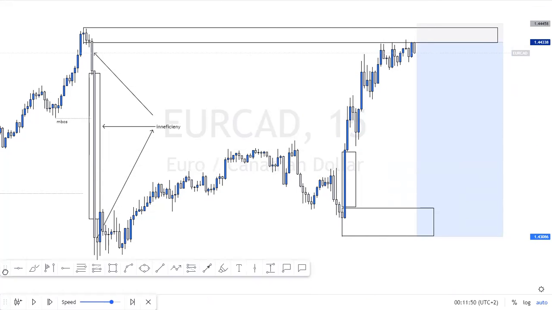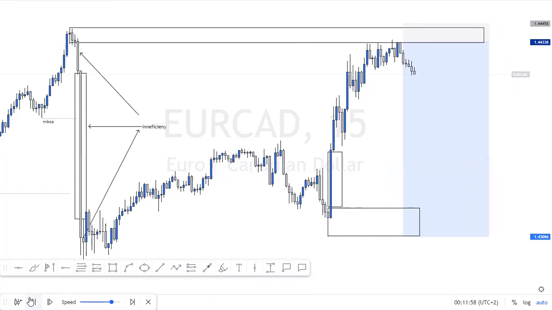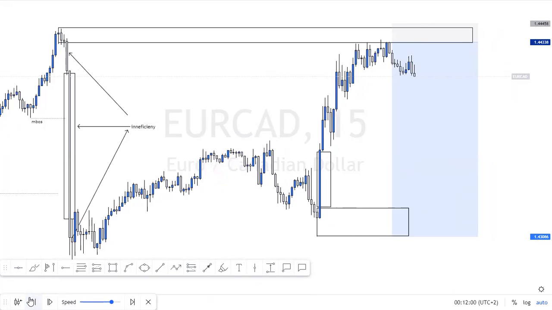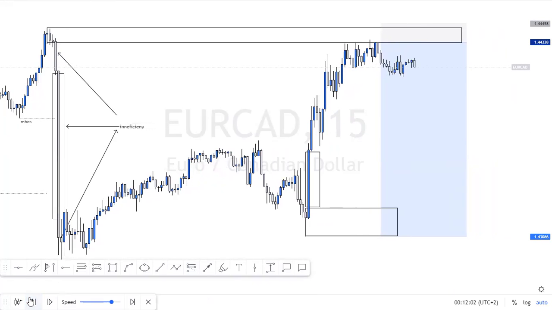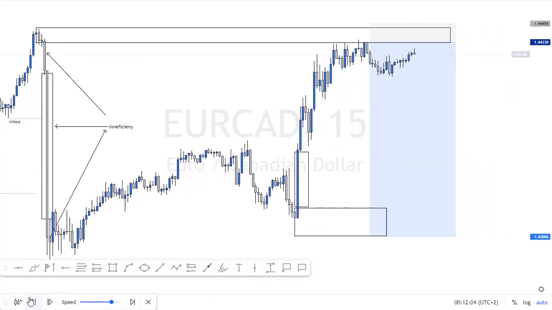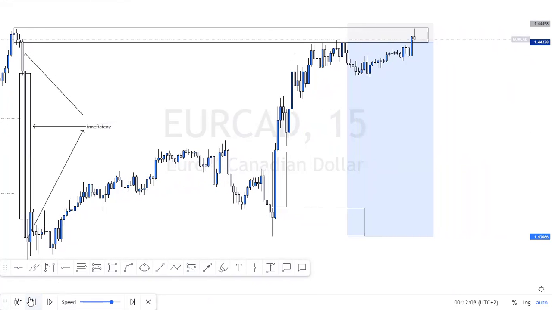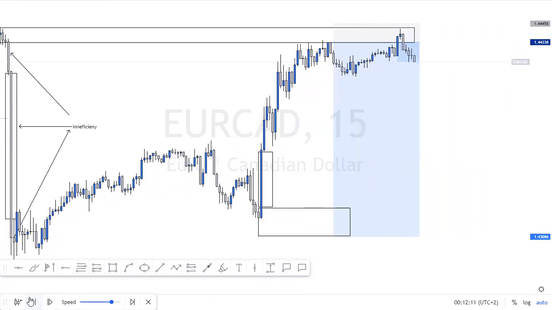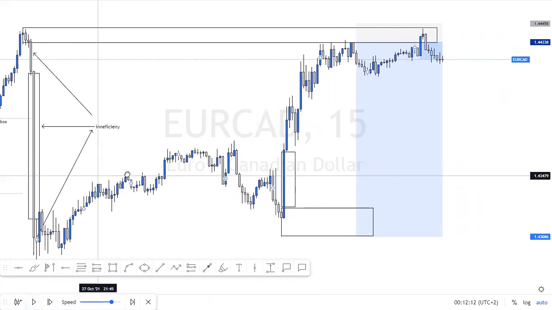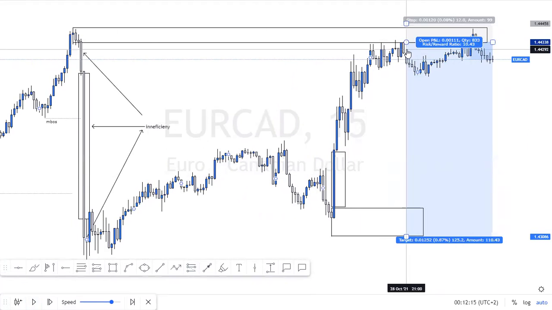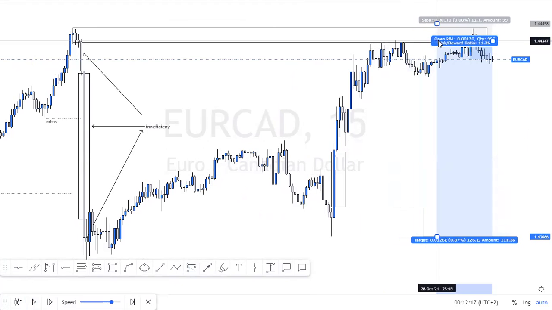So now you can see that we want to sell this because of the 2 hour directional bias, because they're more likely bearish. So this is how it goes after we refine it.